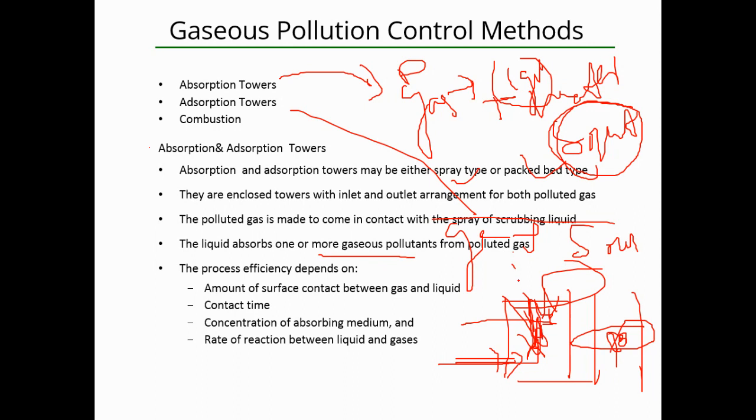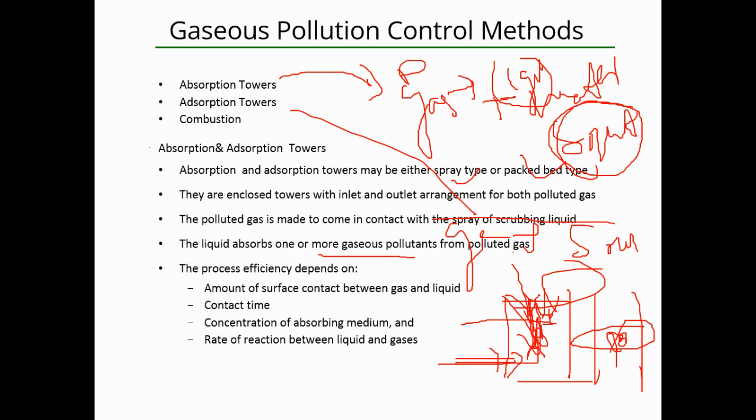So the liquid used here may absorb a single pollutant or multiple pollutants. We have to choose the solvent in such a way that the maximum amount of pollutant gases can be absorbed in that liquid, so our efficiency of removing the gaseous pollutant increases.